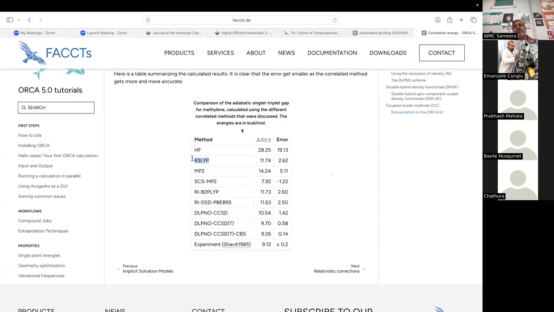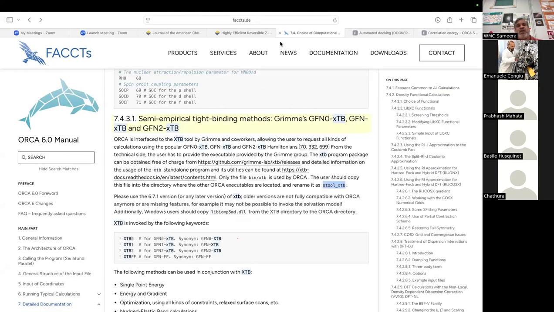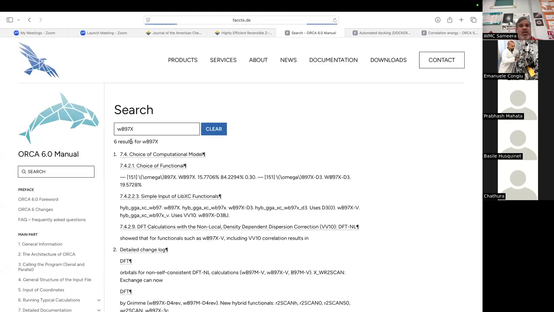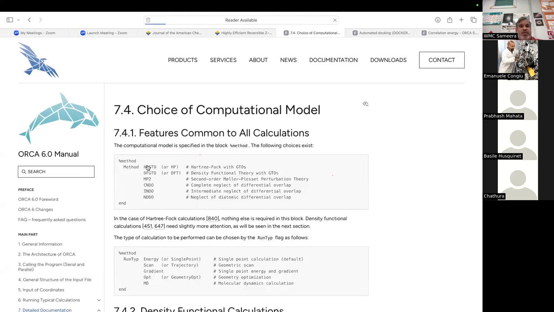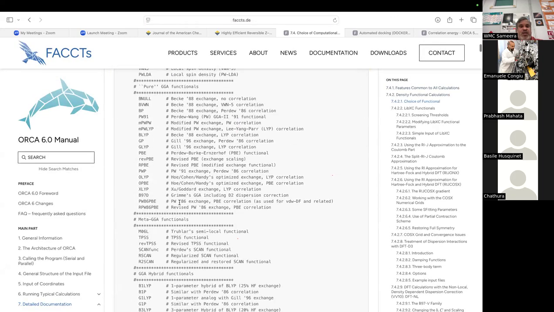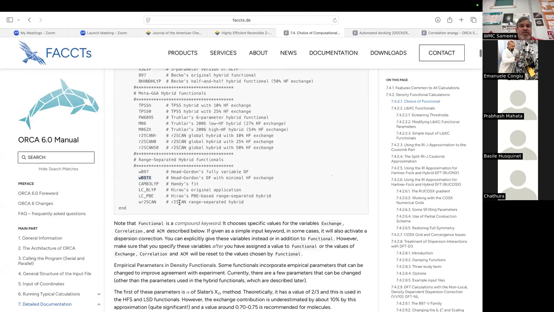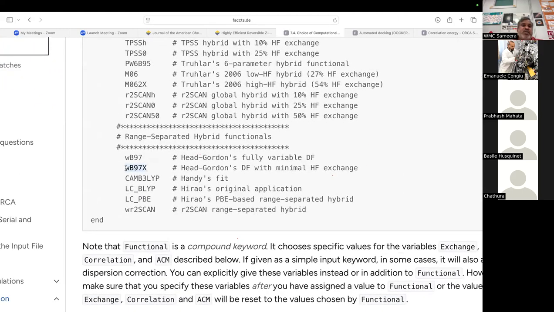We don't have a universal density functional, so you may have to check different density functionals and see how they perform. But in common practice, in my research, I typically use omega B97X. There are many density functionals, but I typically use the omega B97X density functional.